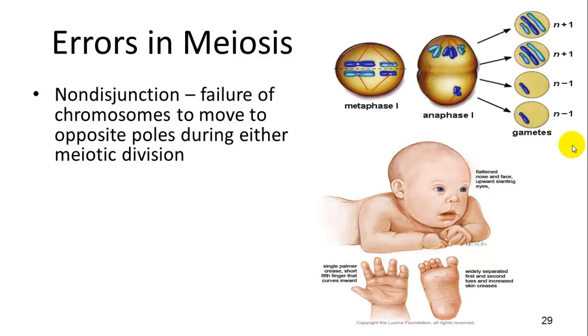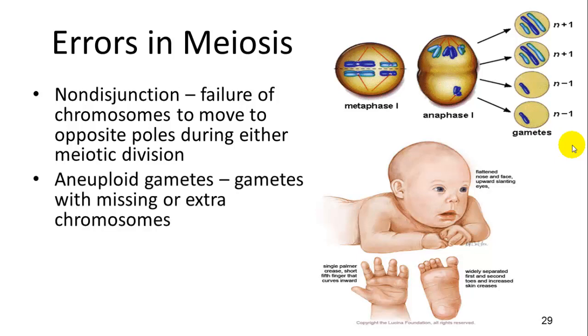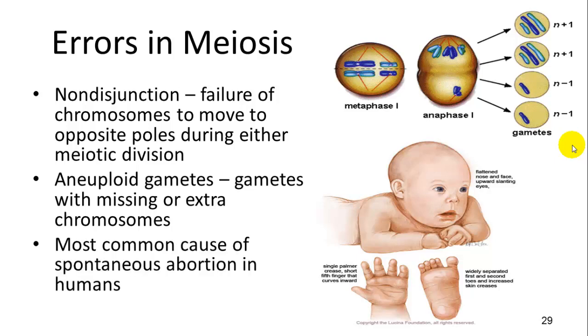Sometimes errors occur in meiosis, and this is called non-disjunction, where one of those chromosomes doesn't go the way it's supposed to, leaving the gametes with one too many or not enough chromosomes. This can lead to termination or can also lead to some disorders such as Down syndrome.